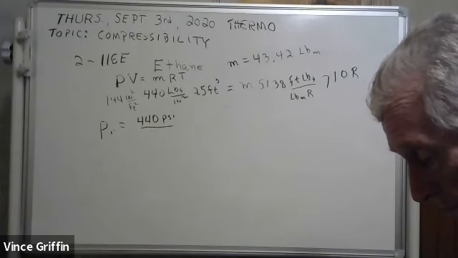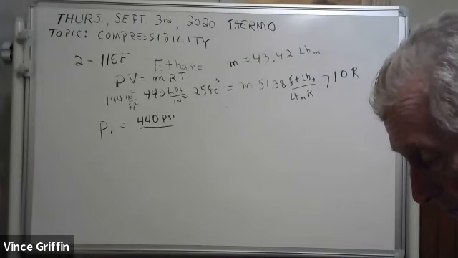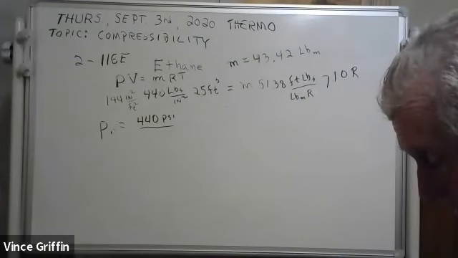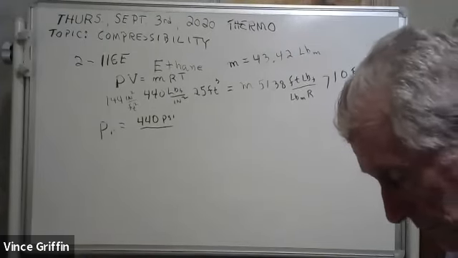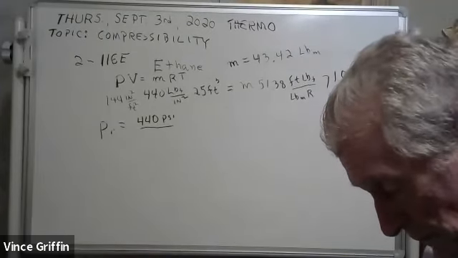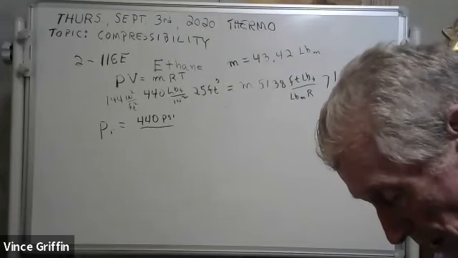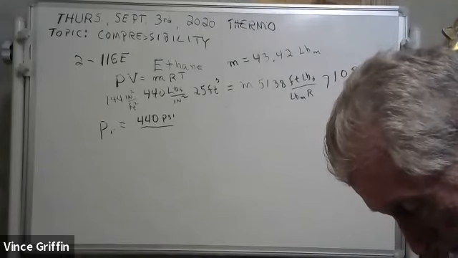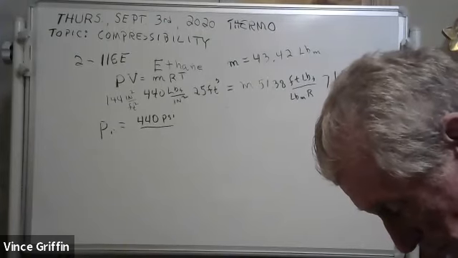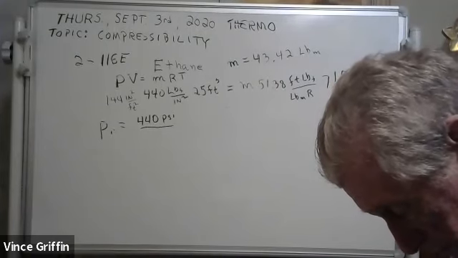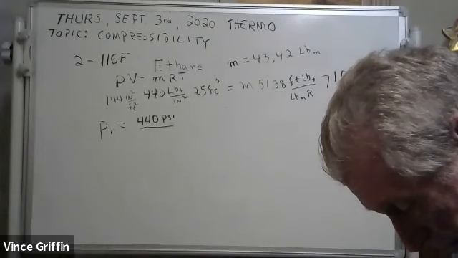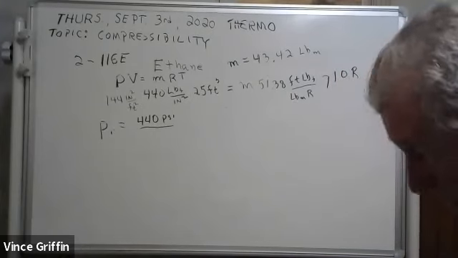And it's on page, I'm trying to find it. Yeah, here we go. Ethane. Critical pressure for ethane is 708 psi.